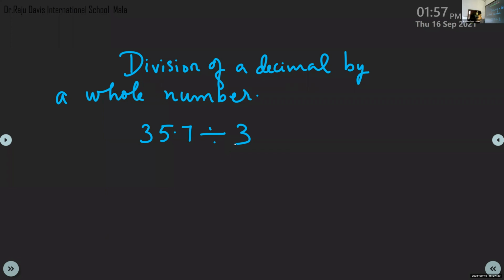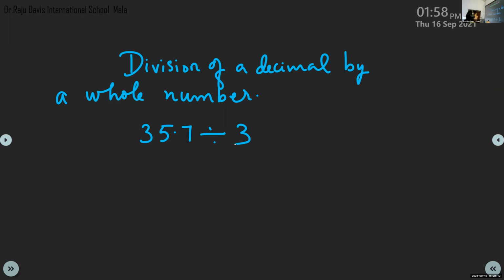And just check, here in this question, only the dividend has the decimal point, isn't it? So check how many decimal places are there. Same decimal places should come in the answer also. That is the quotient. Ma'am, how many decimal places?